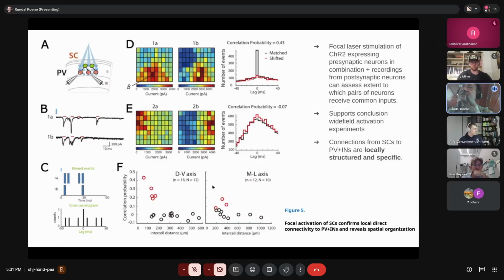So the result here is that this data shows that focal laser stimulation of the channelrhodopsin expressing presynaptic neurons in combination with simultaneous recordings from postsynaptic neurons is able to assess the extent to which pairs of neurons receive common input. And that supports the conclusion from the previous wide field activation experiments that the connections from stellate cells to parvalbumin interneurons are locally structured and specific.